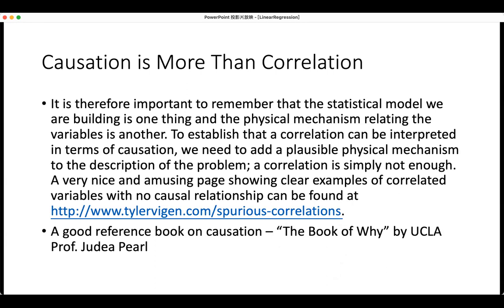If I remember, this book became one of the best sellers, and I'm pretty sure it has been translated into many languages, including Chinese. So if you are interested, I highly recommend this book.